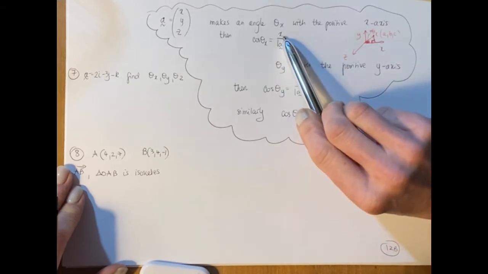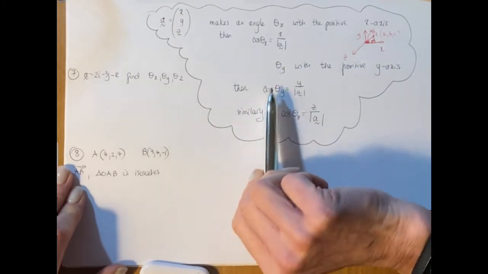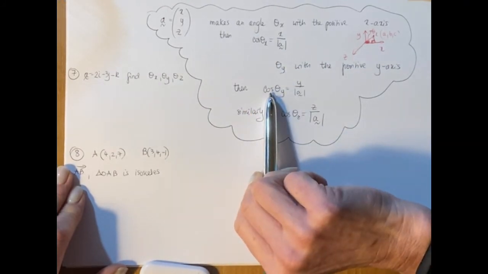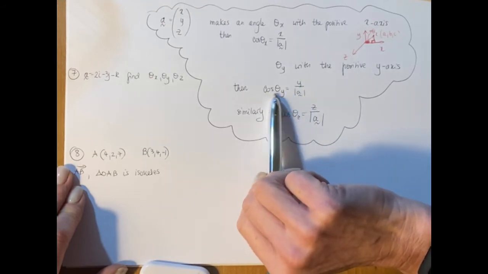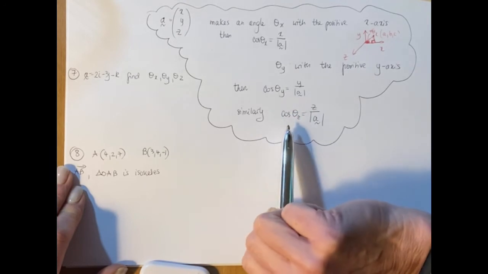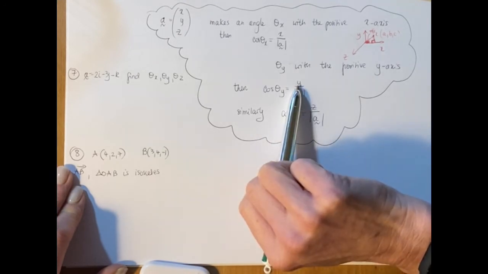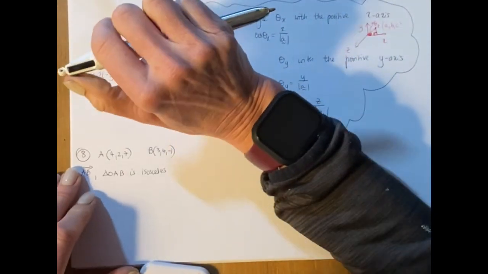Here x is the x coordinate, as you can see, and you can extend it to the angle with the positive y-axis, so cos of theta y is y over the length of the vector, where y is the y coordinate, and similarly with the z-axis.